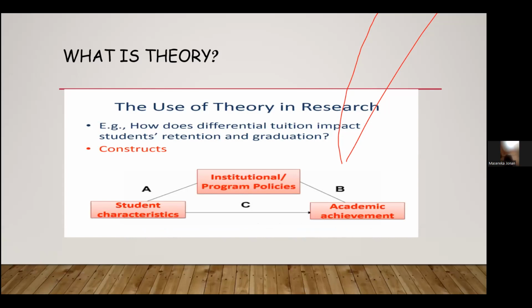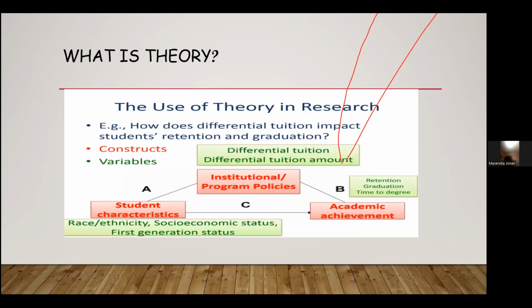Still, these constructs are abstract, right? Now, to operationalize these concepts, to collect data and analyze those data in our research, we have to come up with variables. Based on our constructs, we identified variables for these concepts.